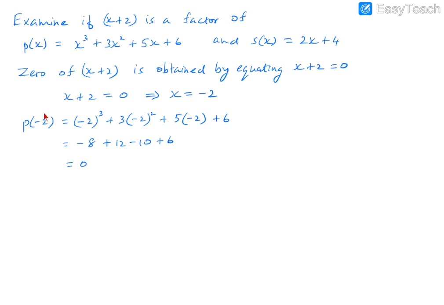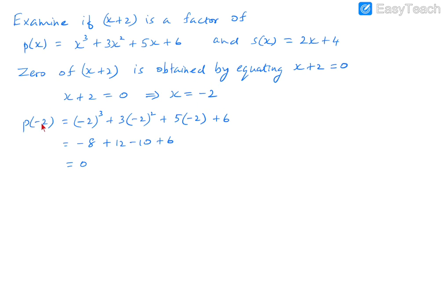So clearly we can see that when we substitute x equals minus 2 in the polynomial p of x, we get an answer of 0. So that means the remainder is 0. When we divide p of x by x plus 2, the remainder is 0. So the remainder is p of a. In general it is x minus a, so when you have x plus 2, it is x minus minus 2. That's why we get x equal to minus 2 here. So the value of a is minus 2.